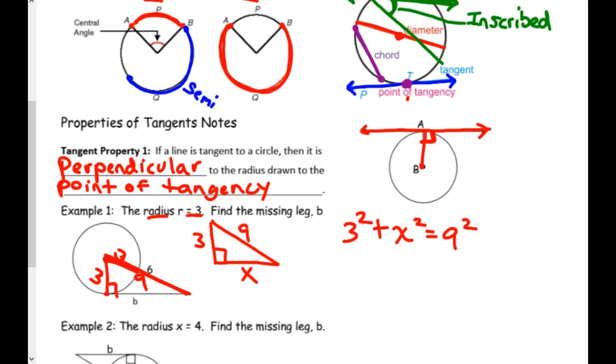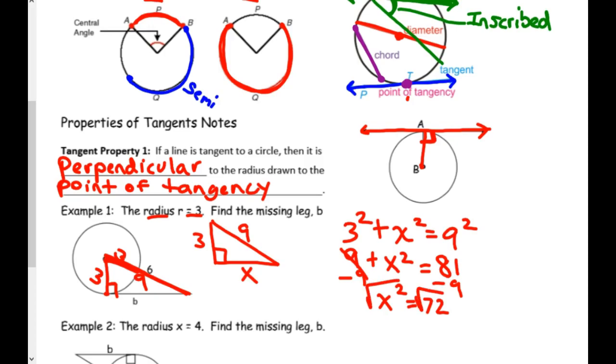That's A and B. And then 9 is the hypotenuse. That's the C. So let's do this. 3 squared is 9. 9 squared is 81. Subtract my 9. And I get X squared equals 72.